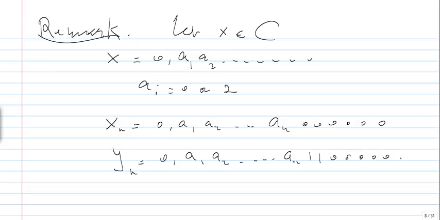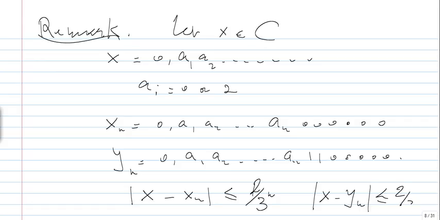Because they have the first block which is the same, it's very easy to see that |x minus xn| is less than or equal to 1 over 3 to the power n. You can put 2 even to make sure of that. And the same with |x minus yn|, which is less than 2 over 3 to the n, because that's the maximum you can have on the remaining tail.